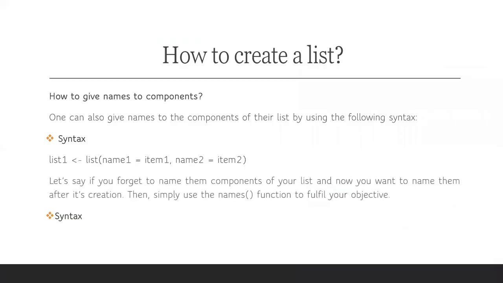Let's say if you forget to name the components of your list and now you want to name them after you have already created a list, then simply use the names function to fulfill your objective. The syntax is by using the names function and passing a vector into it. Let's do it.